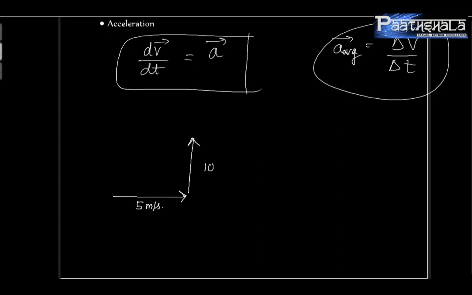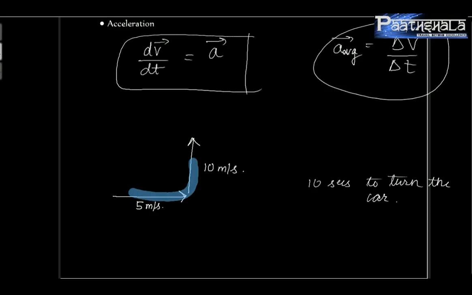Finally it began to move in the north direction with 10 meters per second, and the time required to turn the car was 10 seconds. It took the driver 10 seconds to turn the car. So what is the acceleration?